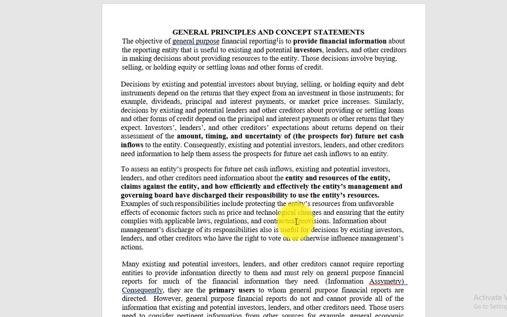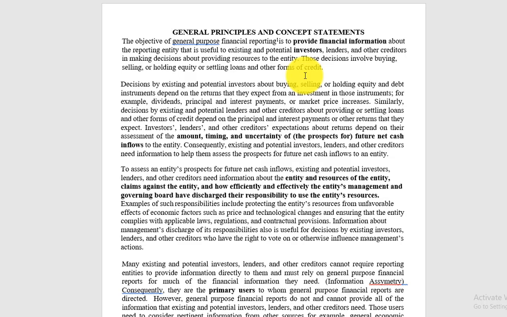Those are the primary users of the financial statements. They are buying stock, putting money into the business, or starting their own business, whatever, but those are the decisions that we're trying to help with.